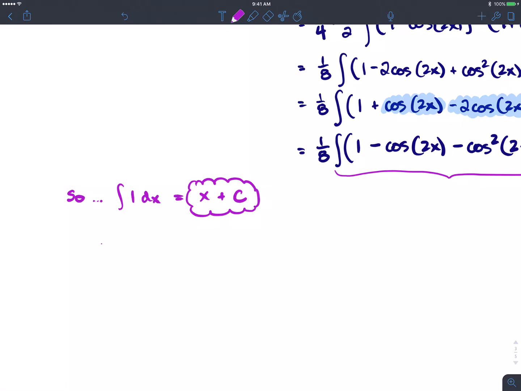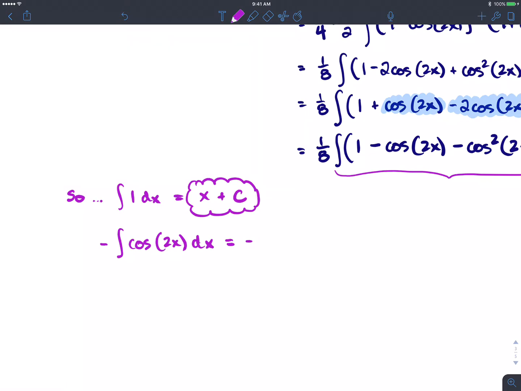All right, next we've got the negative integral of cosine 2x dx. So this is not too bad. It's a very simple use substitution formula, or just a formula if you have it memorized for the integral of cosine of k times x.